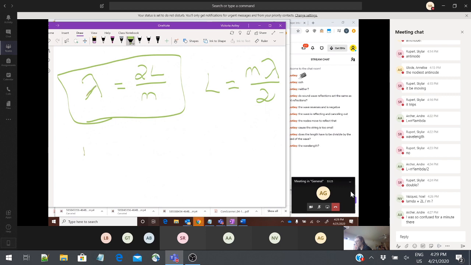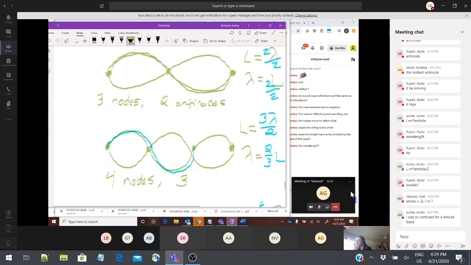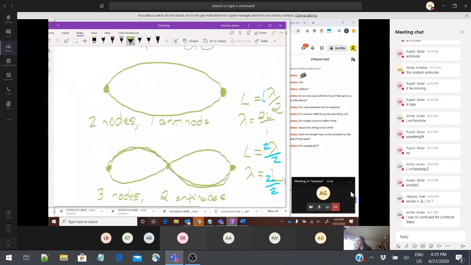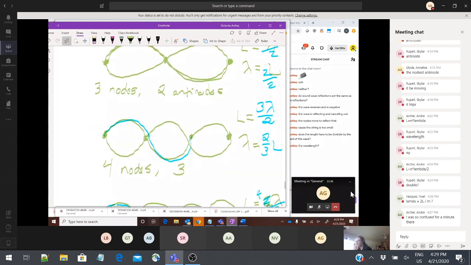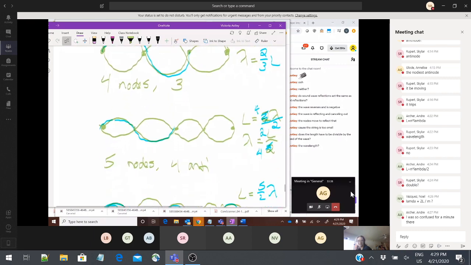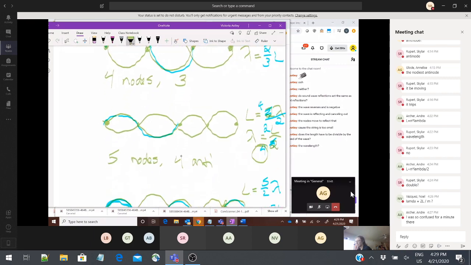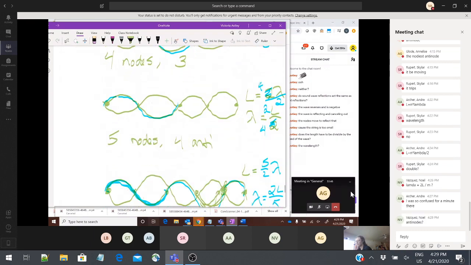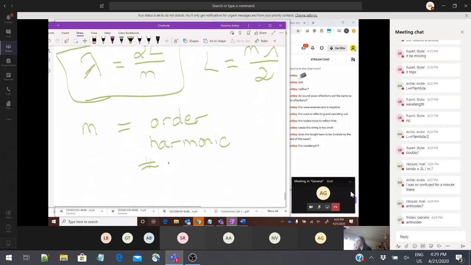Okay. M is sometimes what is called the order or the harmonic. It also stands for the number of what? This number is the same as this number. Antinodes.